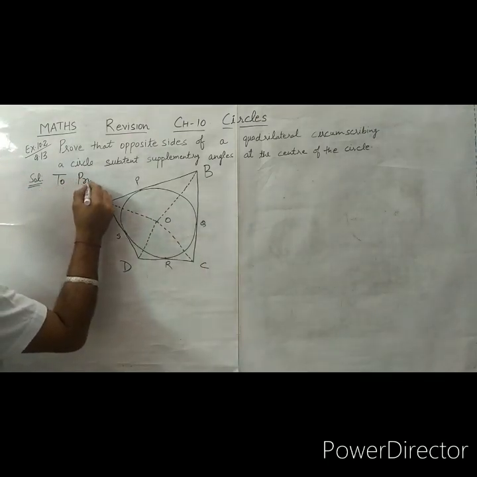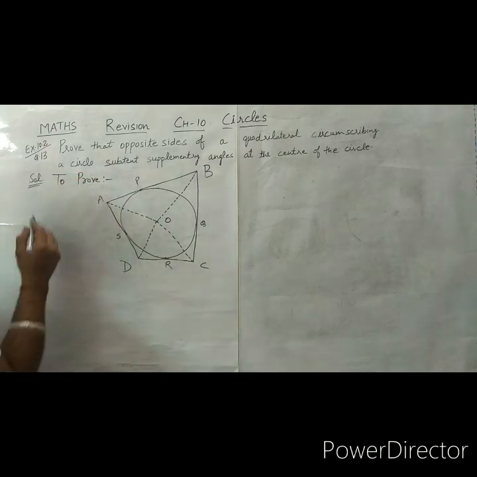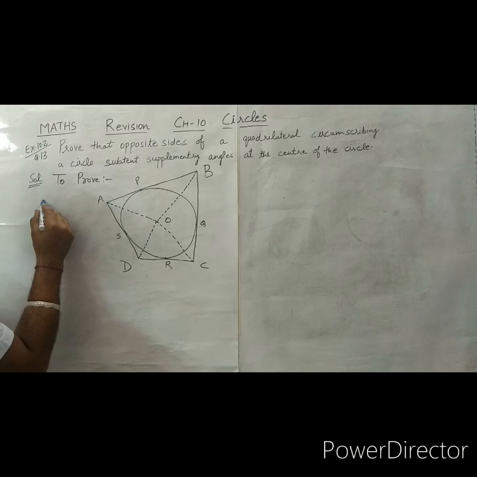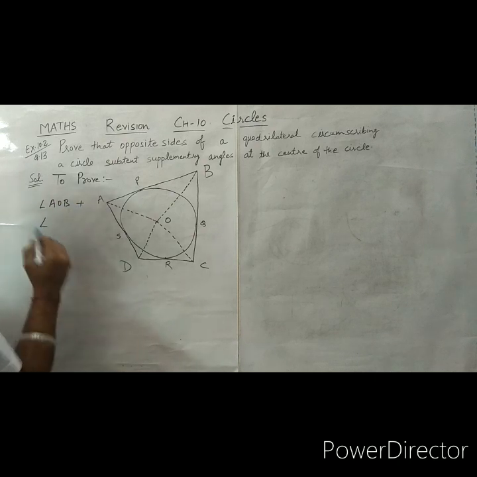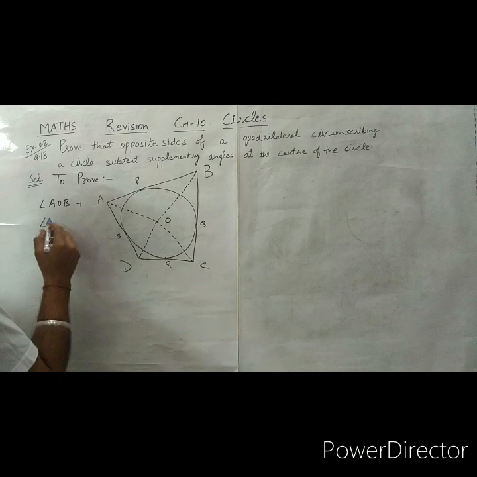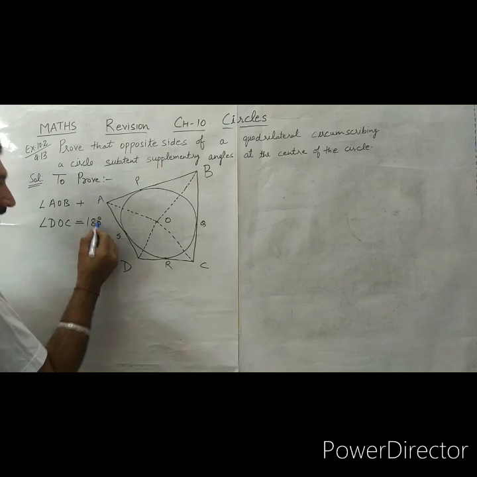To prove, this is a diagram. To prove, we want to prove here that angle AOB plus angle DOC is equal to 180 degrees.